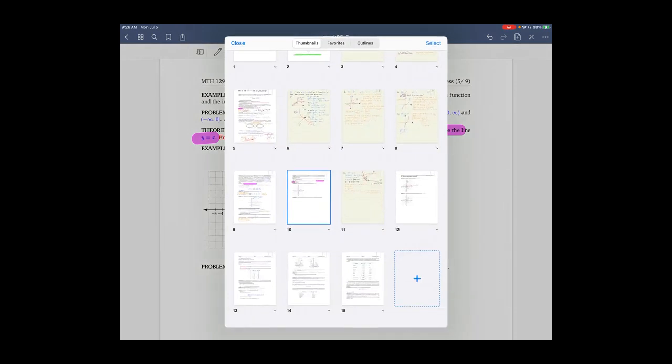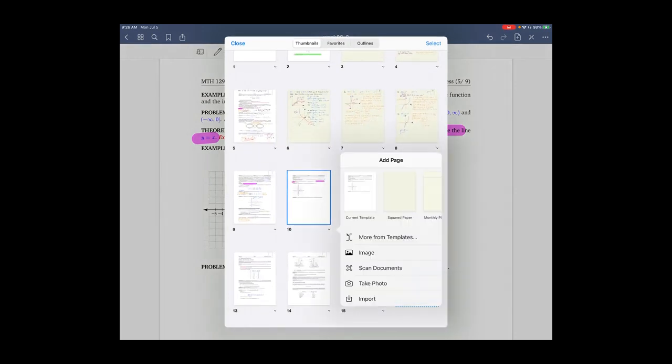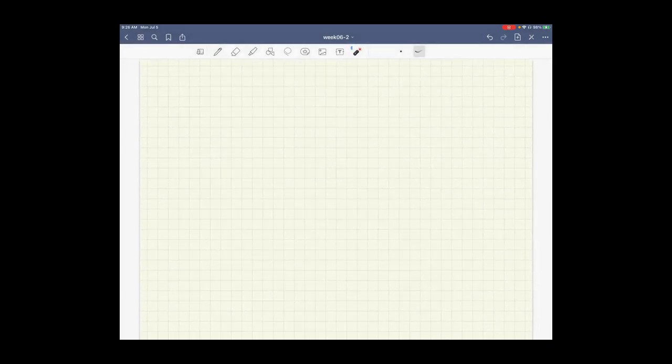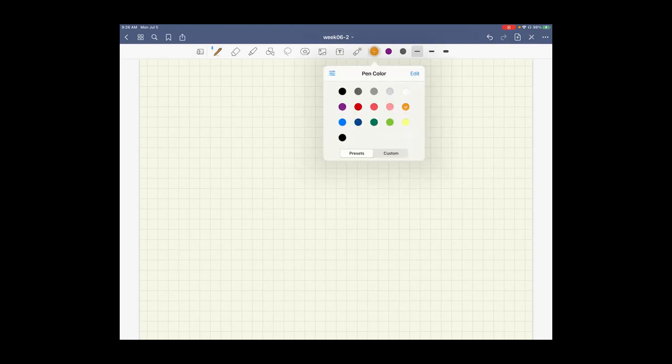Let me add a page. So we are explaining the following thing.